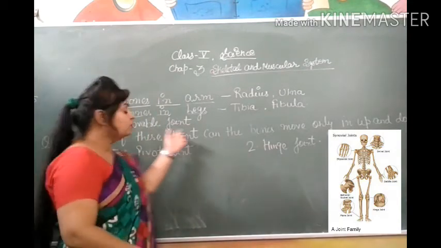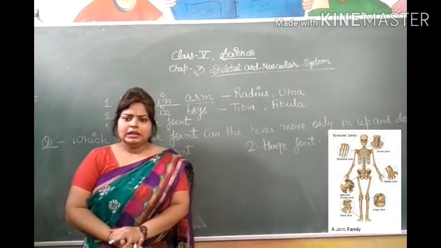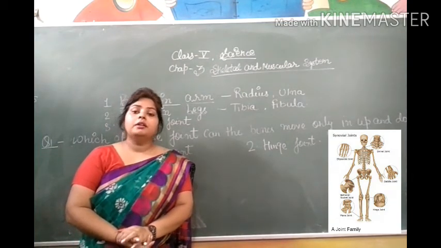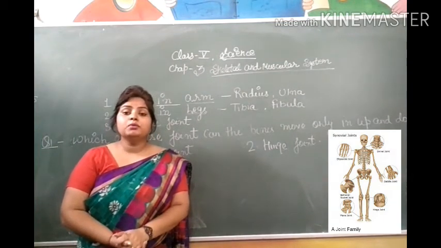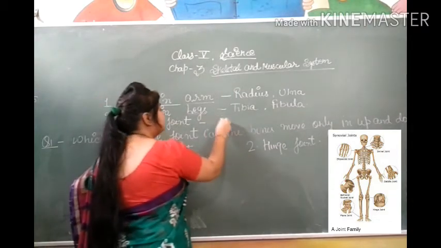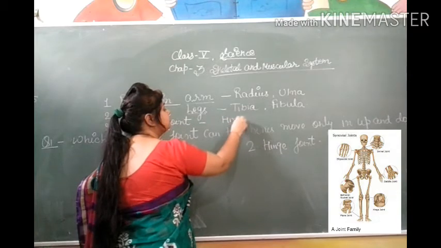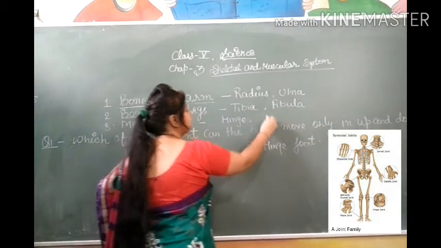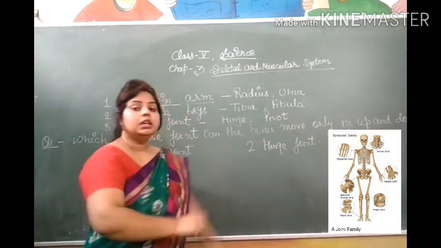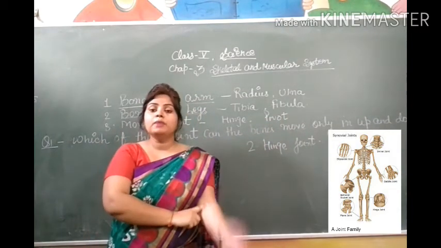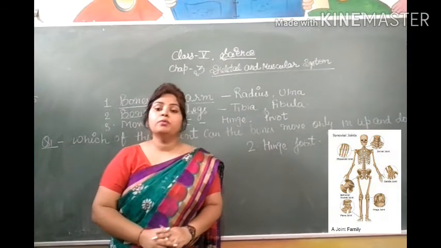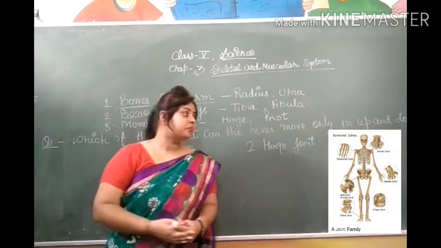Next is movable joint. Is skull a movable joint? No. Skull is not a movable joint. Movable joints are hinge and pivot joints, because hinge also allows movement and pivot also allows movement in our body.